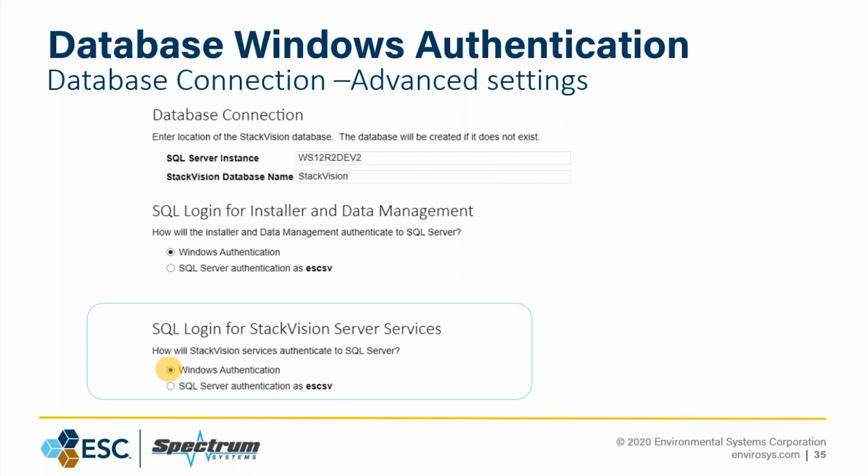As previously mentioned, you can also change that to a specified user account, SQL Server user account with admin rights if you want to as well. And that is, again, authenticated and validated, it will show you if that particular user you selected does have permissions to access SQL Server.